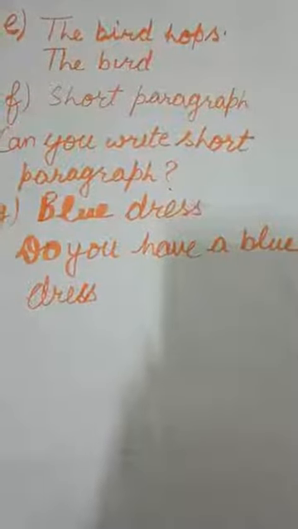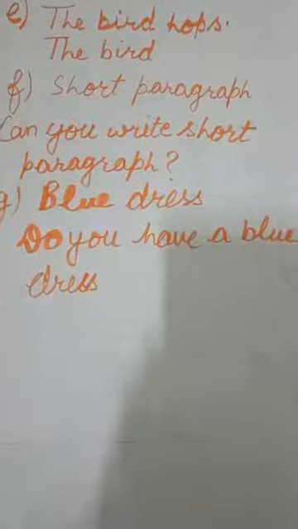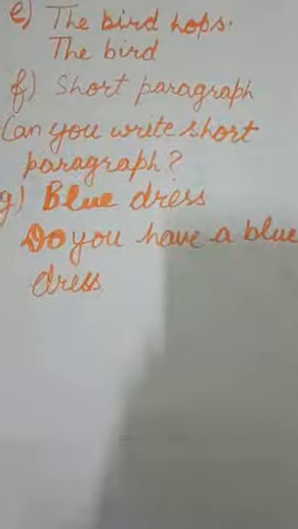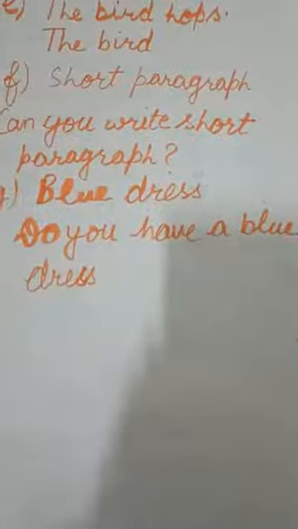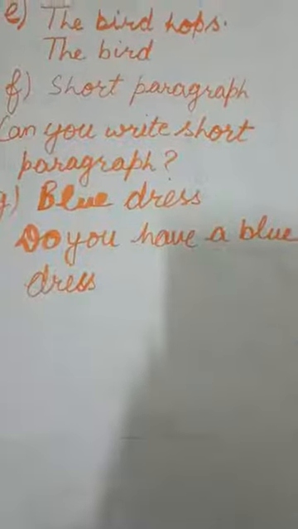So you have to complete this work in your notebook accordingly. Make the format first, go through the lecture first, and you can go through the lecture twice also, so that it will be easy to complete the work.